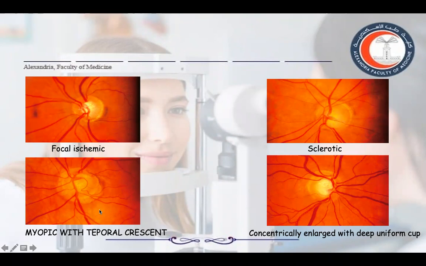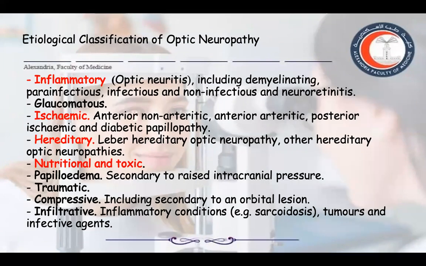Here we have the myopic type and very characteristic myopic fundus and myopic disc with the peripapillary atrophy, as you see here. And lastly, we have the concentrically enlarged cup, deep uniform cup, as you see here. These are the 4 classical types or morphological appearances of the glaucomatous optic disc.